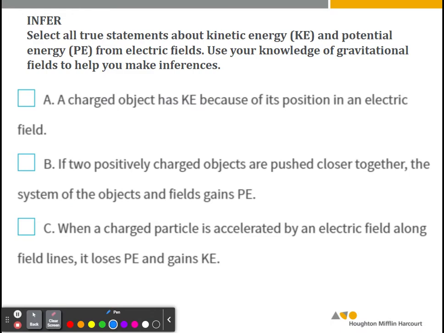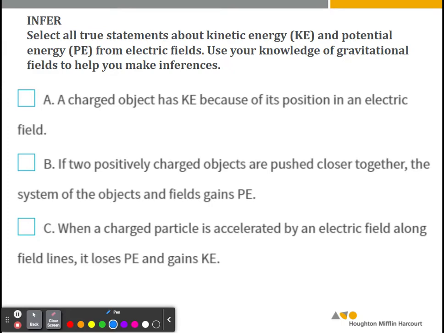Let's look at these three statements about kinetic energy and potential energy. Statement A, a charged object has kinetic energy because of its position in an electric field. That is false. A charged object has potential energy because of its position in an electric field.